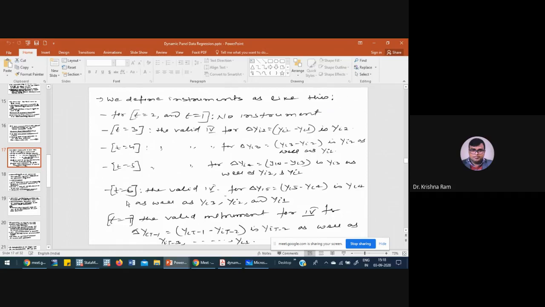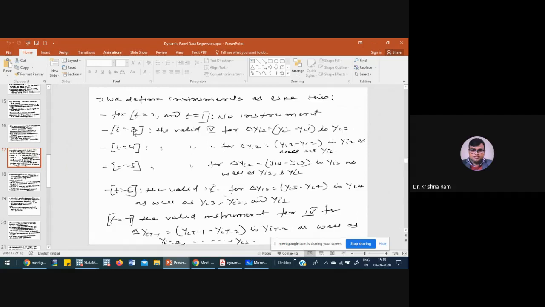So the maximum number of instruments in this case would be... sorry, I made a mistake. 1 is for period 3, 2 is for period 4, so 1 plus 2 is 3. 3 is for the 5th, so 3 plus 3 is 6. 4 is for the 6th period, so 6 plus 4 is 10.